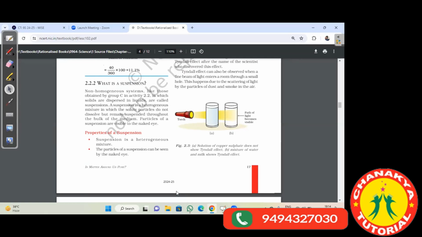Then the colloidal solutions turn out to be unstable to a very high extent. If they are not stable, they will break down. Yes, sir.